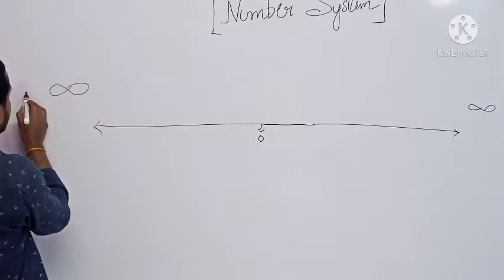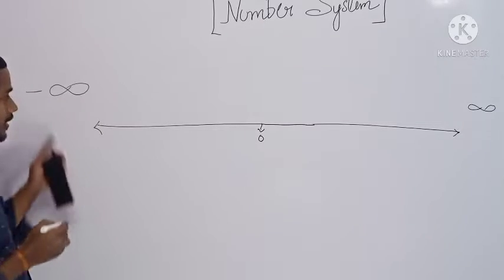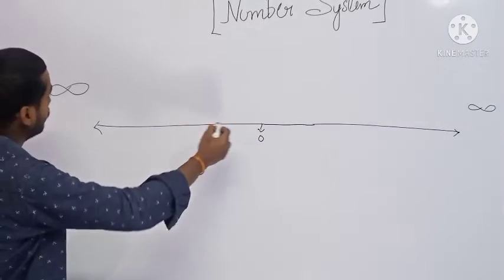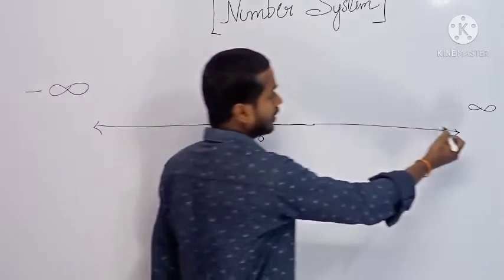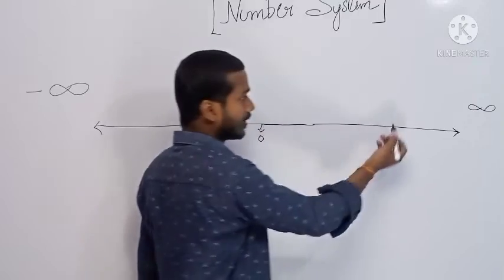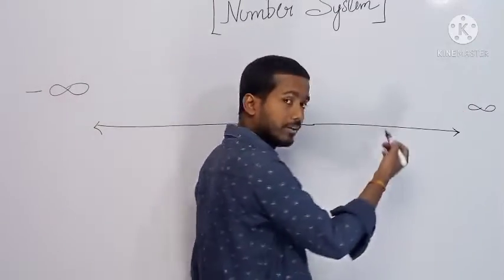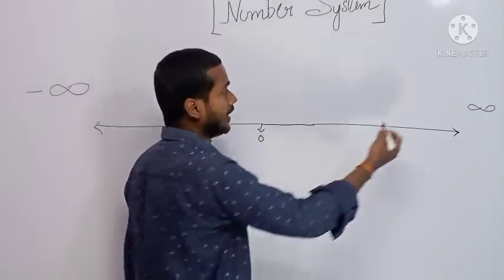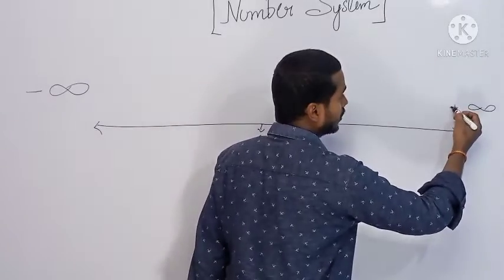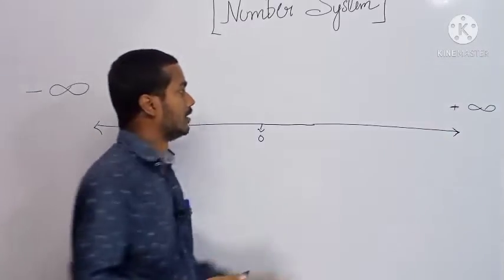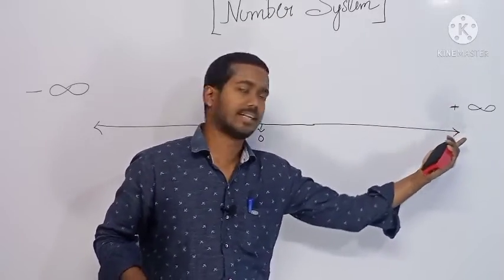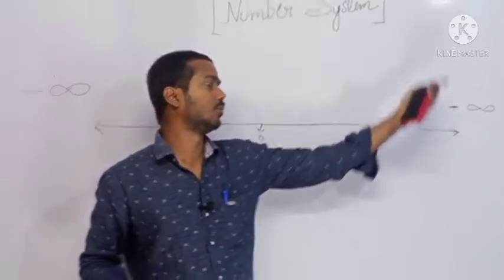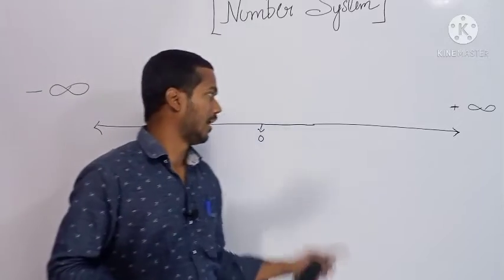That's why this infinity has a negative sign. That means it moves towards negative infinity. And here, moving towards the right hand side, we get positive integers. That's why this has a positive sign. That means moving towards the right hand side on this number line, we can go to positive infinity.